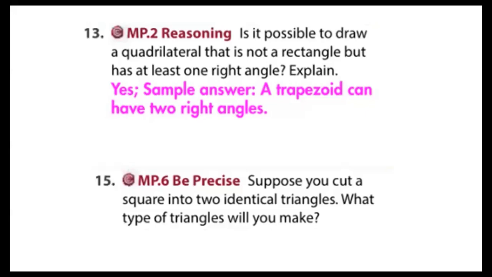So if we divide it diagonally into identical parts, we will get two right angled triangles. Let's see the answer. Yes, right isosceles triangles, because also in the square all the sides are equal in length. Okay, have this answer and be ready.